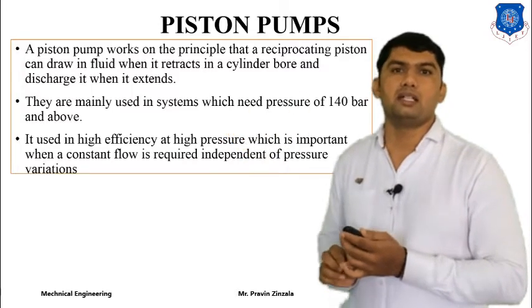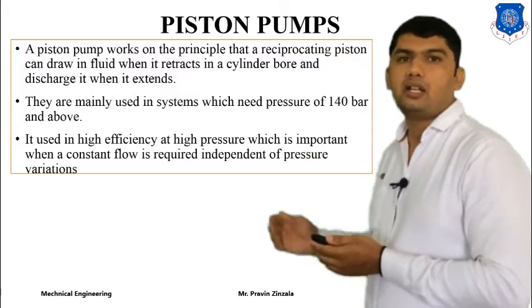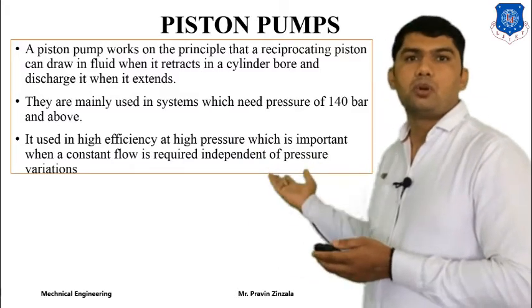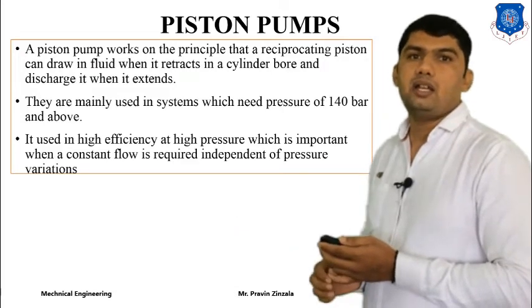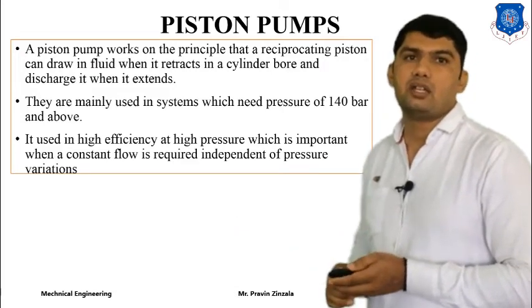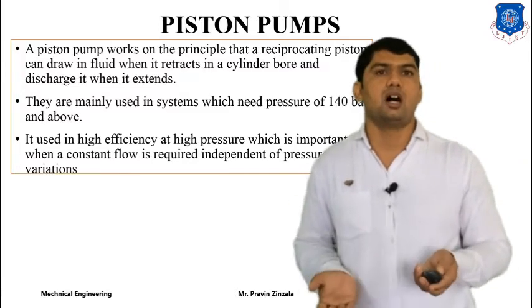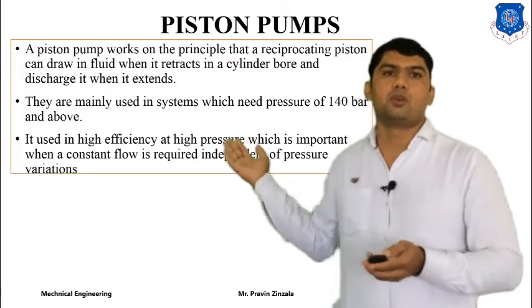A piston pump is highly efficient at higher pressure, which is important when a constant flow is required. It is independent of pressure variation. By using a piston pump, we can generate higher pressure, like 140 bar or above.